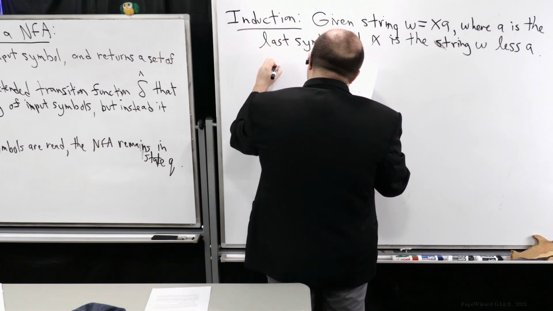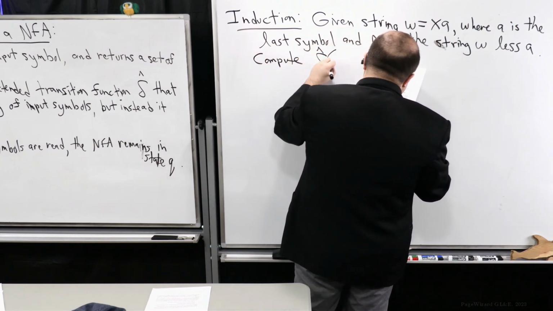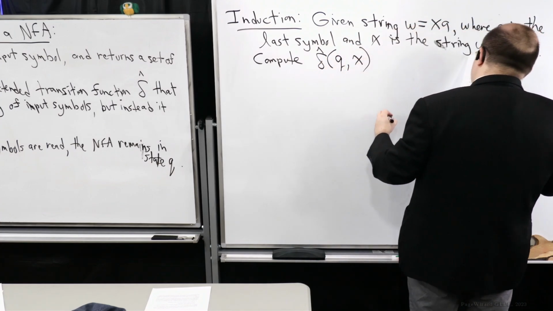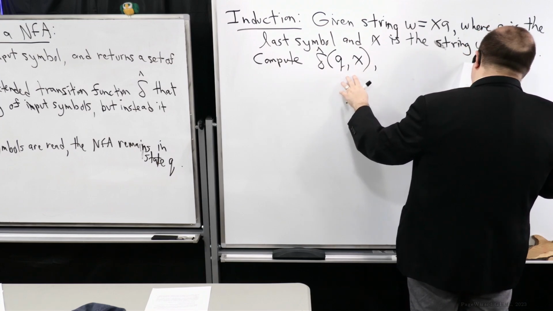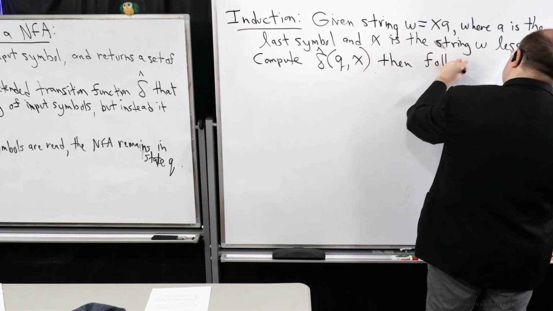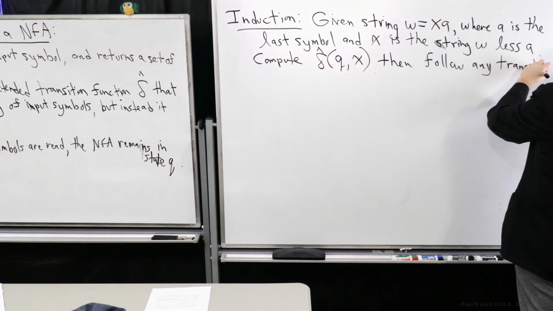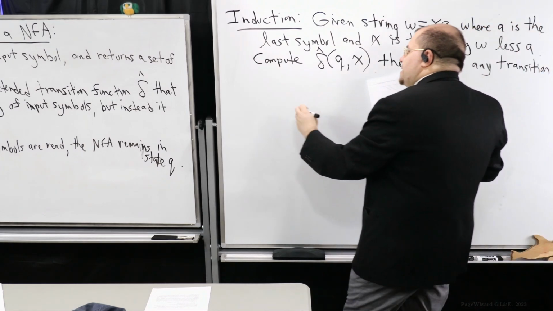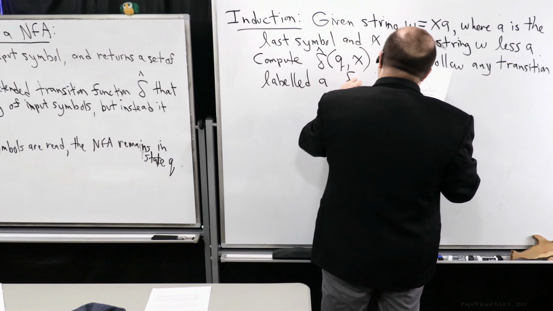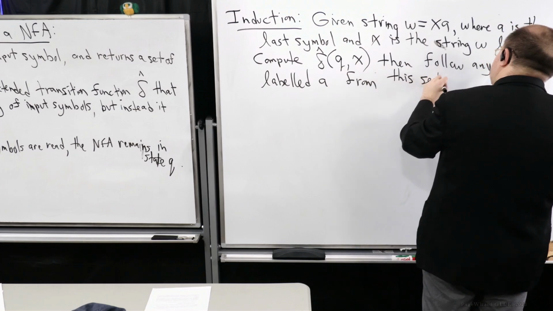So compute delta hat of q, x. We're going to imagine we've computed this. Then follow any transition labeled a from this set of states.